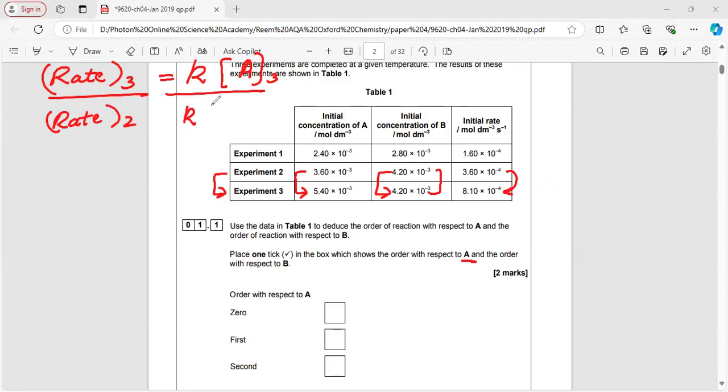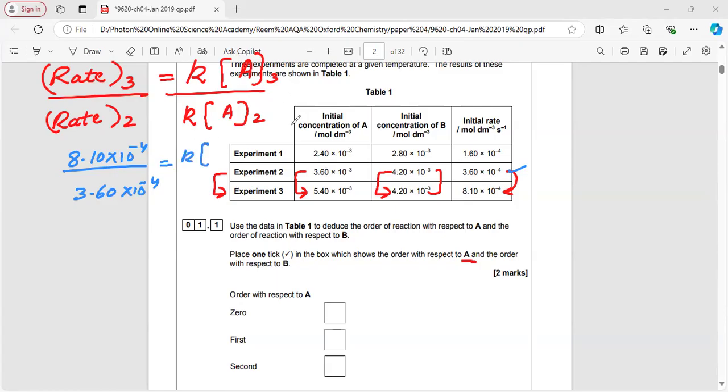Rate constant K, initial concentration of A of experiment number 2. The rate for experiment 3 is 8.10 into 10 raised to power minus 4. For experiment number 2, the rate is 3.60 into 10 raised to power minus 4. K will be constant.